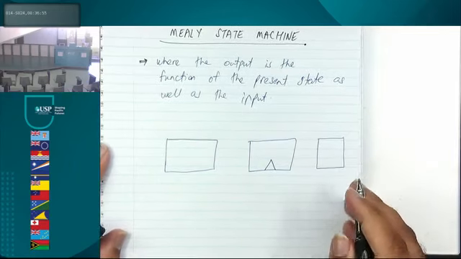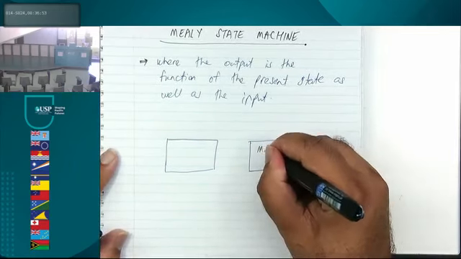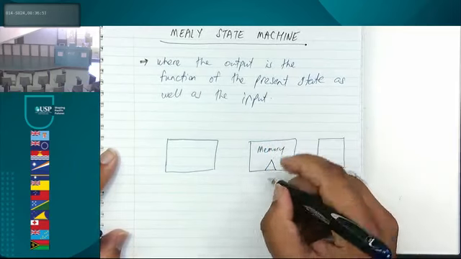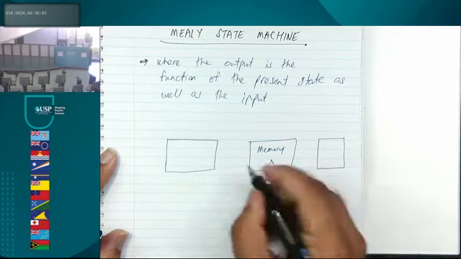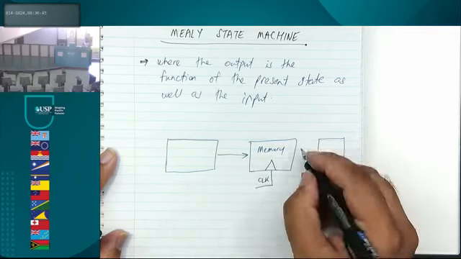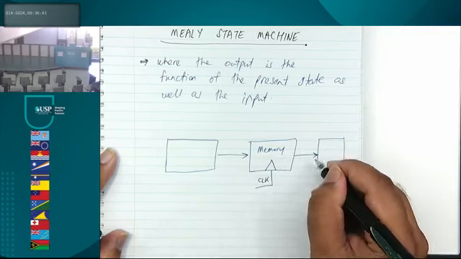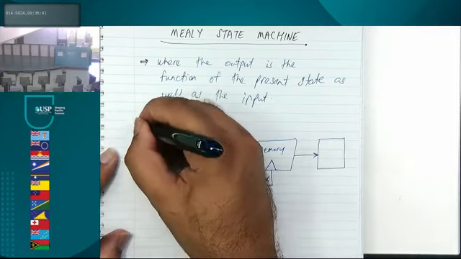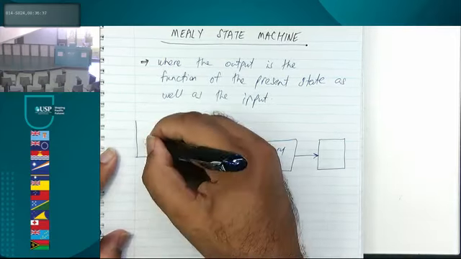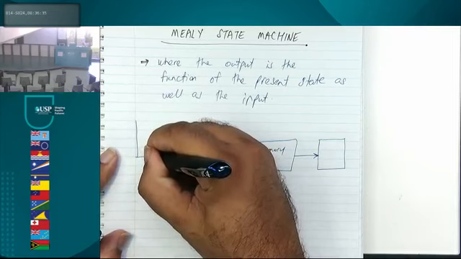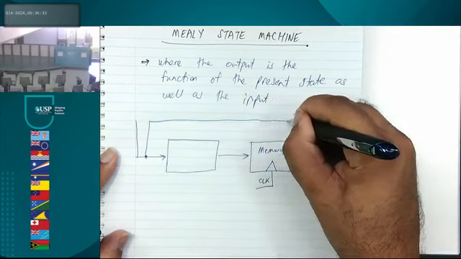So this is memory. This here is your clock line. In terms of theory, this is the only theory which I usually ask: is the machine a Mealy machine or a Moore machine?